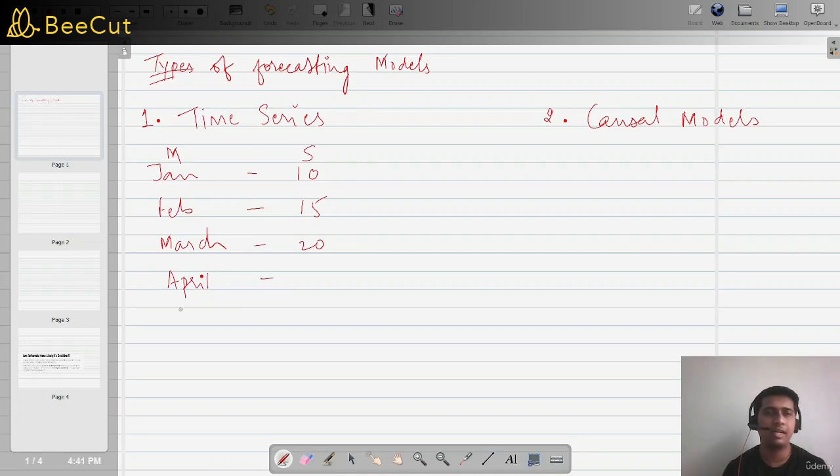You have time at one side, so here you have time as a reference, and here you have demand on the other side. So you have time versus demand. So this is nothing but time series data.